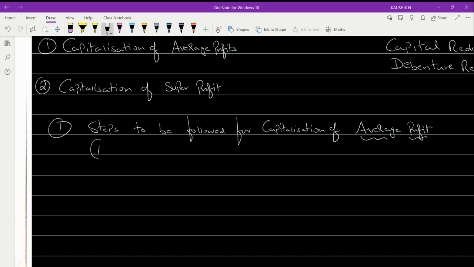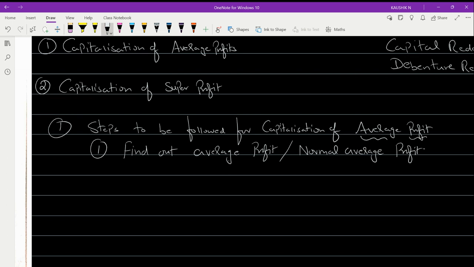So step one, find out your average profit. This could be given in the question itself. If not, we need to derive it. And sometimes, if you have some adjustment, in that case we call it normal average profit. There is not that much of a difference. Normally, when I say average profit, this is a case where there is no adjustment.